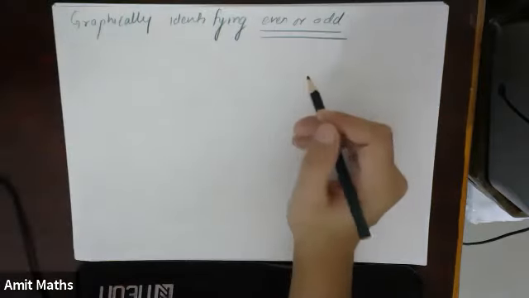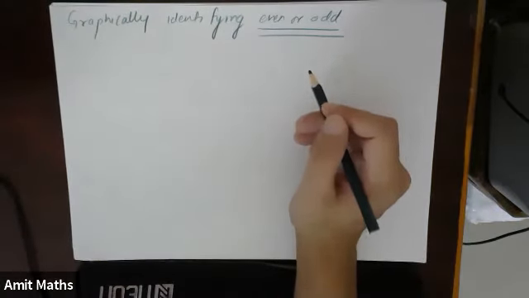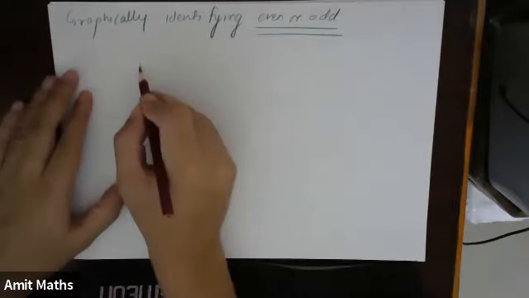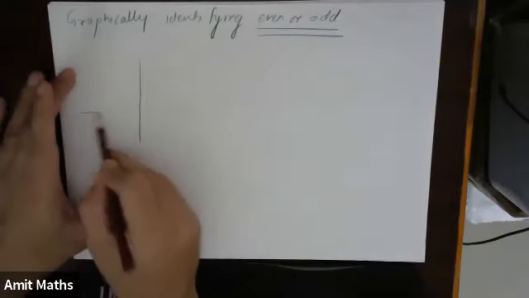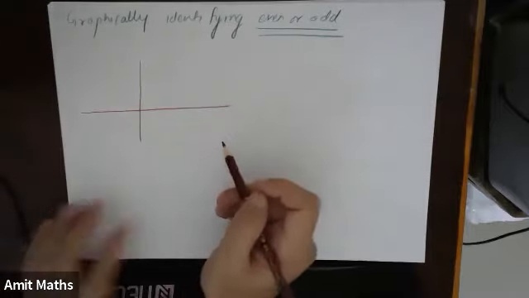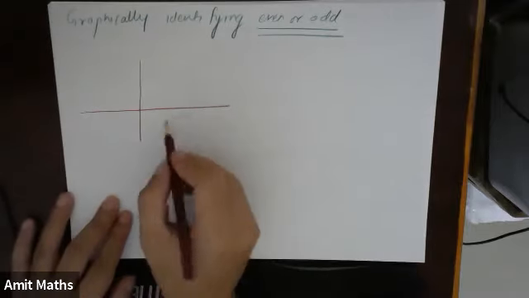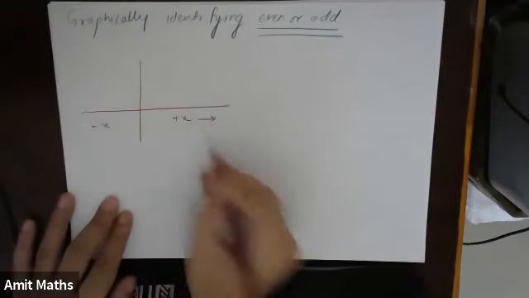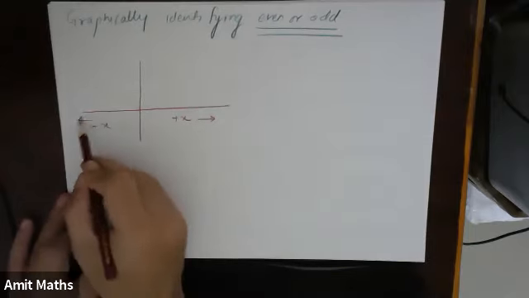So if a function is an even function, then this is the x-axis, this is plus x, and here it is minus x. Plus x extends in this direction, minus x extends in this direction.